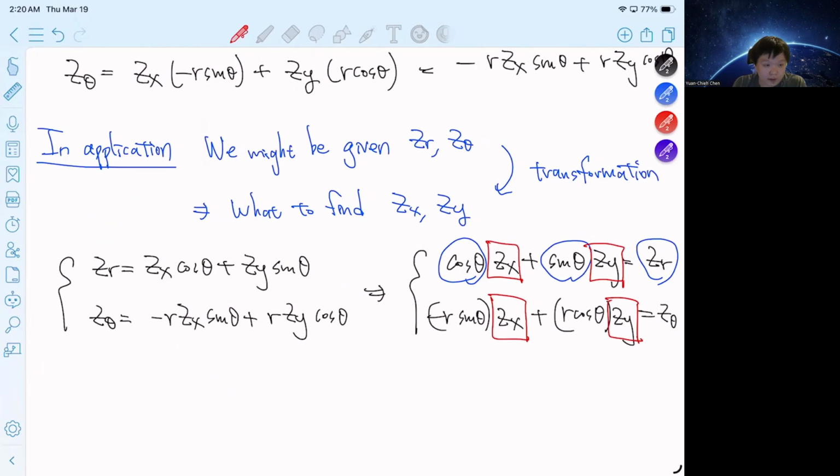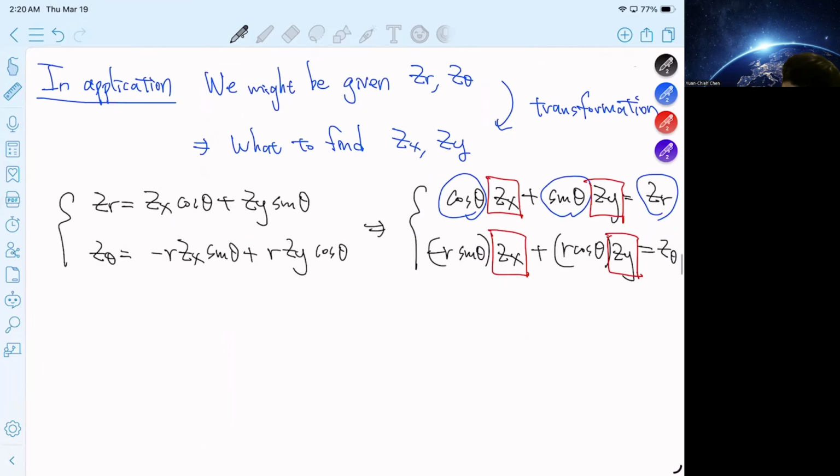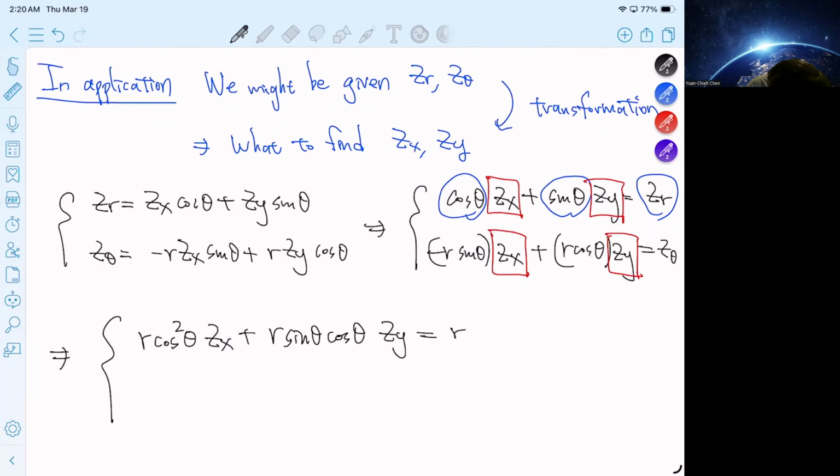For example, if I want to eliminate Zy, we have sine theta and R cosine. I want to get that away, so I just multiply them. The first equation, I multiply by R cosine theta. So it'll be R cosine squared theta Zx plus R sine theta cosine theta Zy equals R cosine theta Zr.